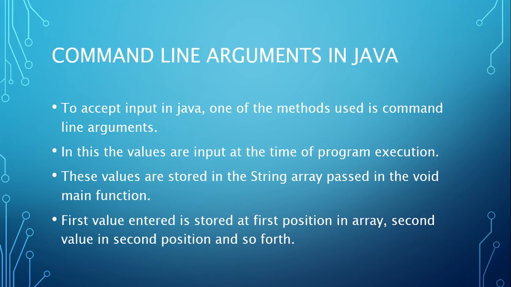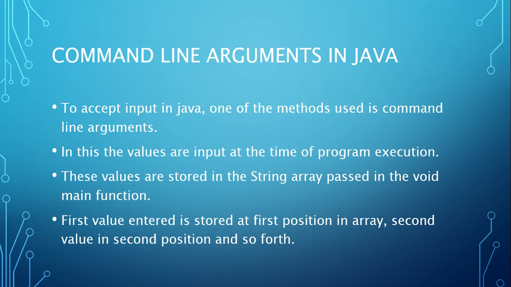So when I run a Java program, we know that there are two steps to it. Step number one, where we have to compile the program. And for compilation, the statement that we write is javac space and the name of the file. Once the program is compiled and it is error-free, we move on to executing it. And to execute, we write down the statement java followed by the name of the class.